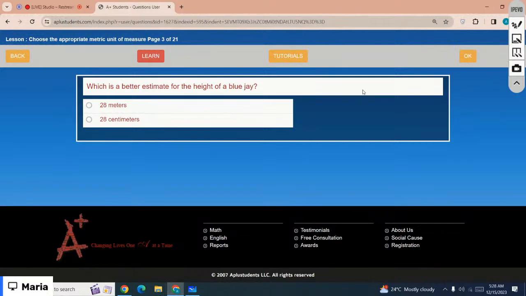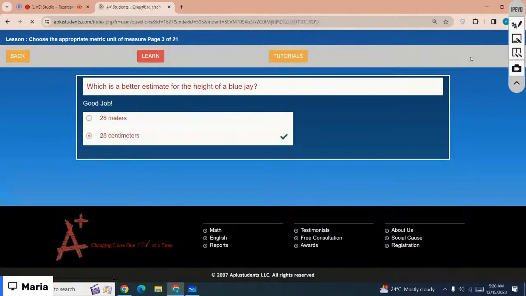I think it must be 28 centimeters, right? Because 28 meters is too long for the jay. Yes, the correct option is 28 centimeters.